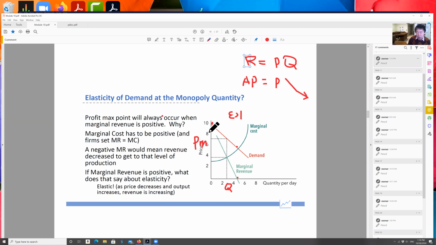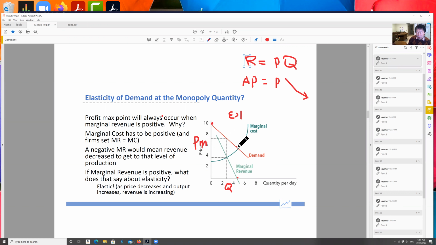As you lower the price, you're selling more, and revenue increases from zero. Revenue keeps increasing until you reach the midpoint where revenue is maximized. That is where marginal revenue reaches zero, okay?